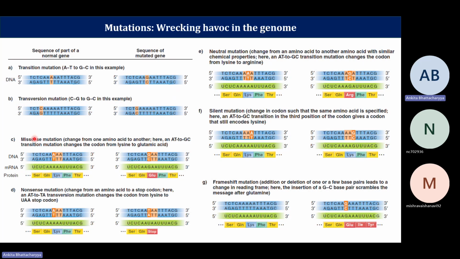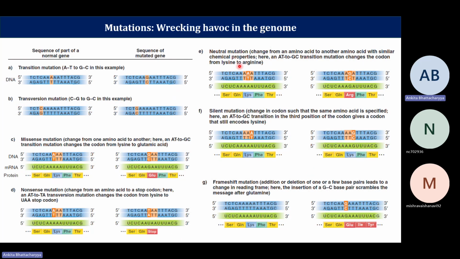Then you have missense mutation, like I already discussed, where there's a change from one amino acid to another. Here you can see a shift from lysine to glutamic acid. There can be a nonsense mutation, which leads to translation of a truncated protein, with a lysine to stop codon conversion, which is going to terminate the protein at an unexpected site.